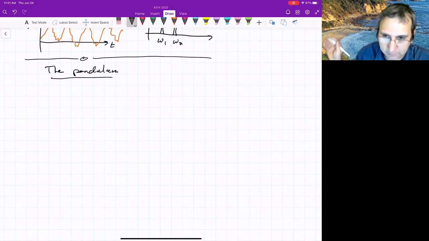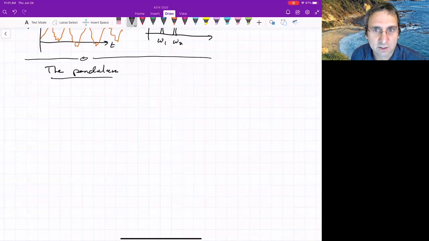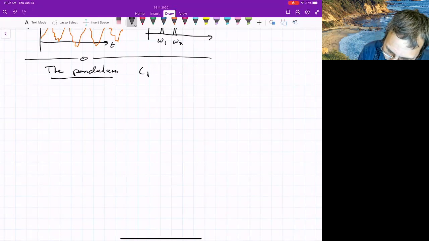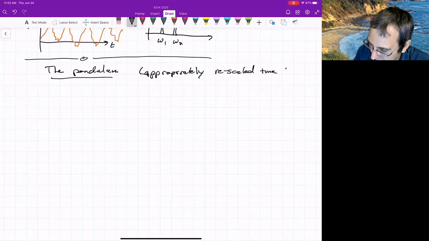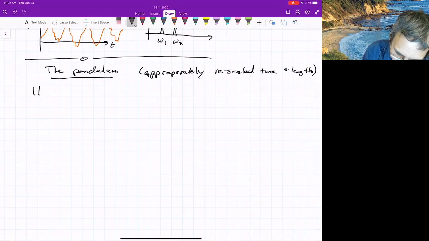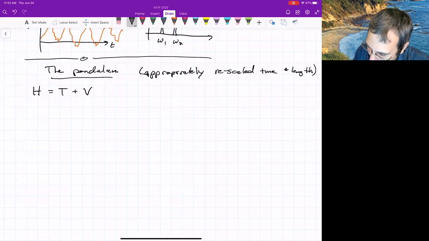I'm always going to try to rescale things so we don't have any unnecessary cluttering parameters. So if we appropriately rescale time and length, then the Hamiltonian is T plus V. We're talking about the pendulum.